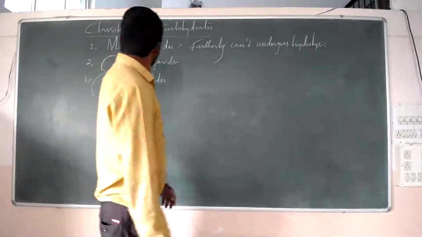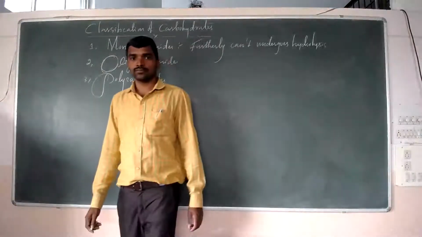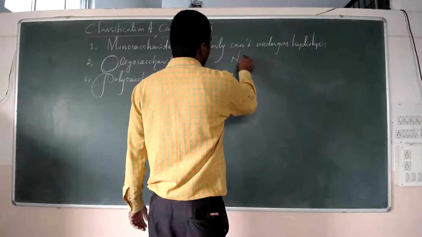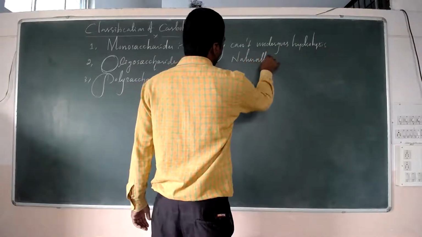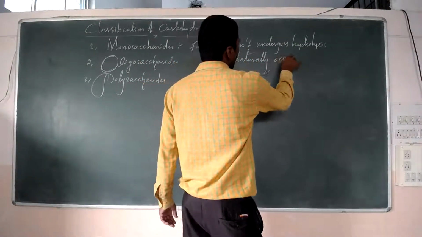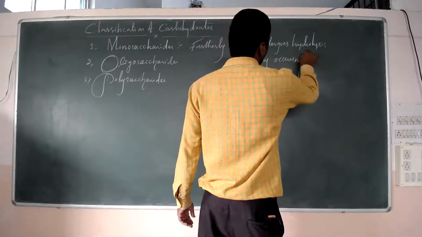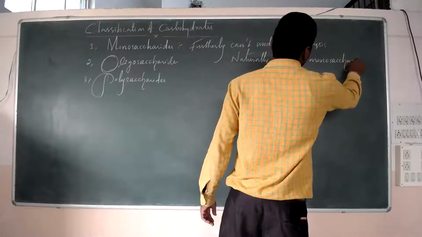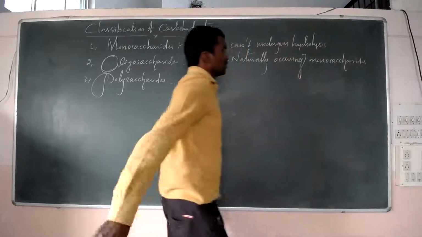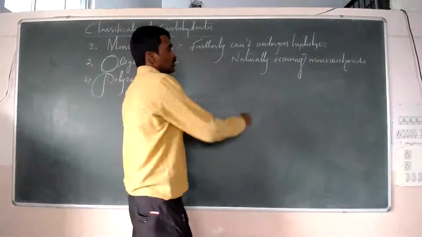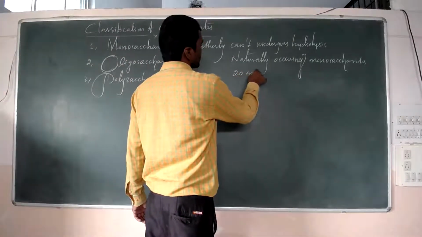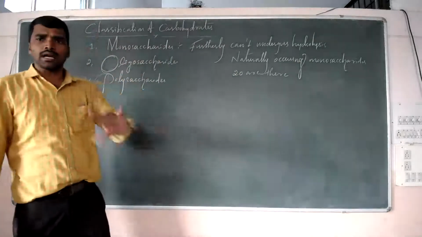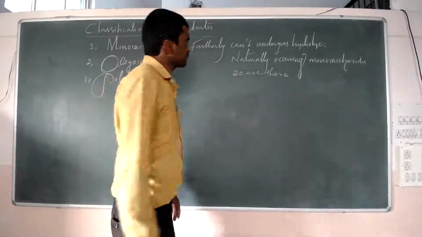Among naturally occurring monosaccharides, there are 20. Those all do not undergo further hydrolysis.